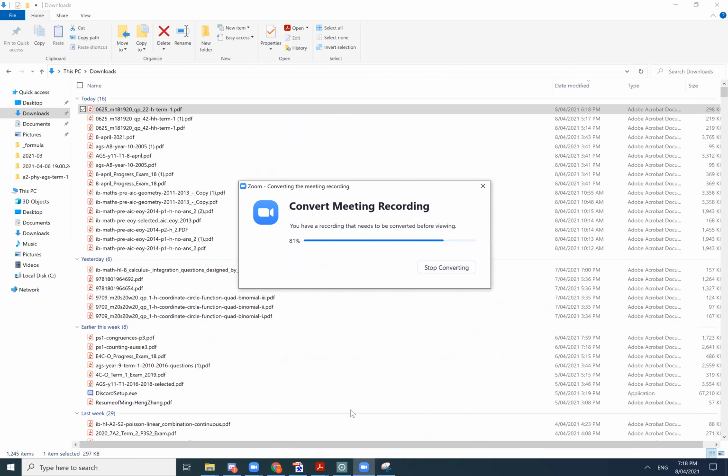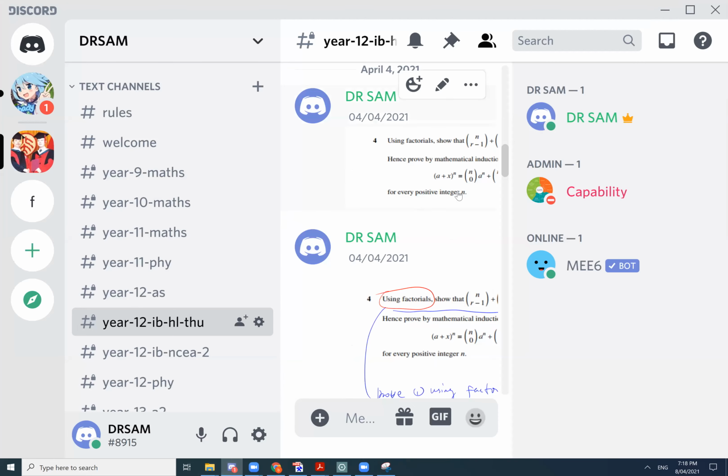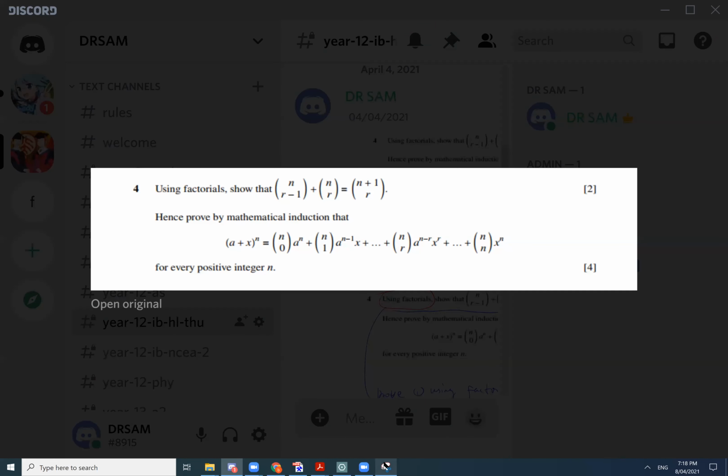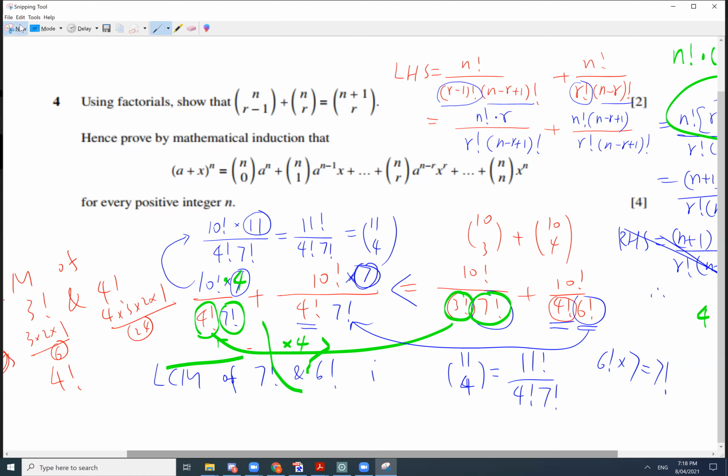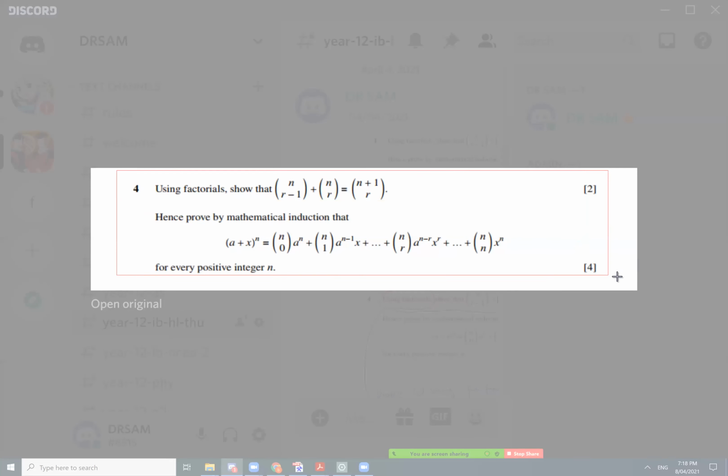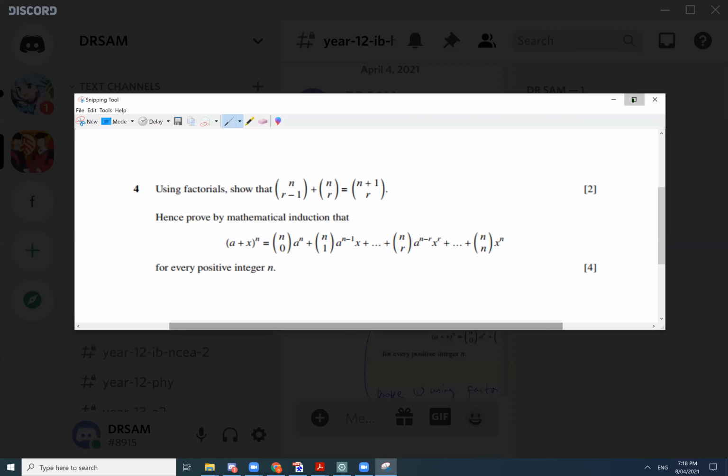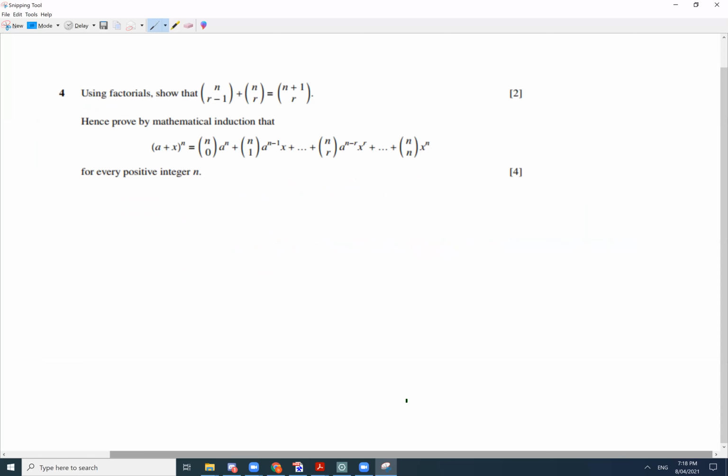Induction. Eden, remember the first step? If you need to prove it, n equals 1. This is a positive integer, so start from 1. Left-hand side, right-hand side.